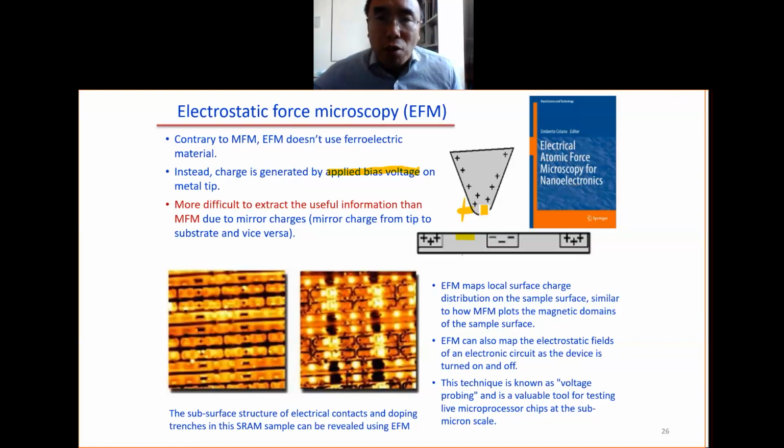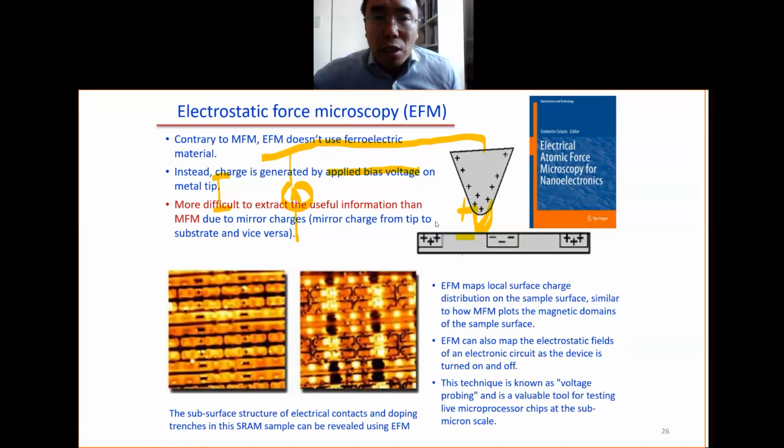You can also make the contact. If you make the tip contact the surface, you can measure the current. You put the ampere meter here, you touch the tip to the surface, and you measure the current. This is how you can measure the resistance. This is called spreading resistance measurement.